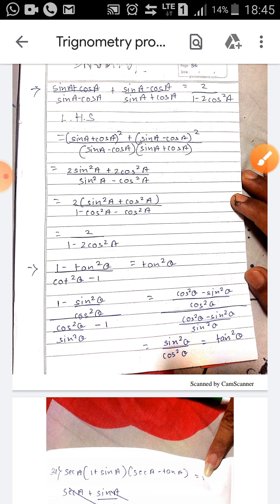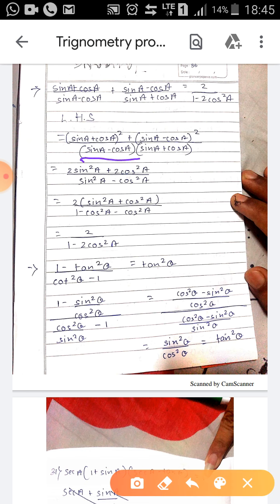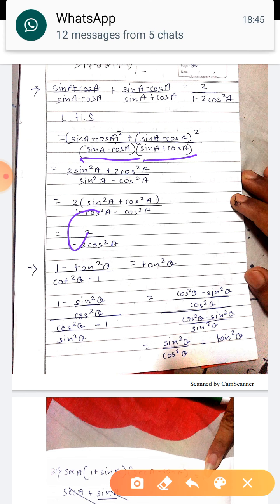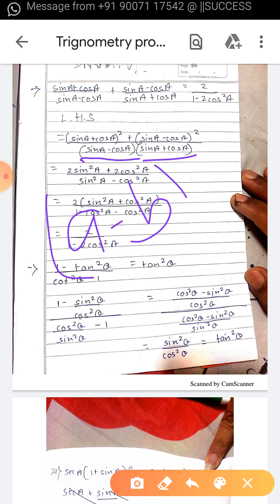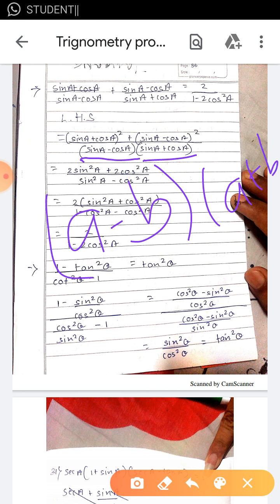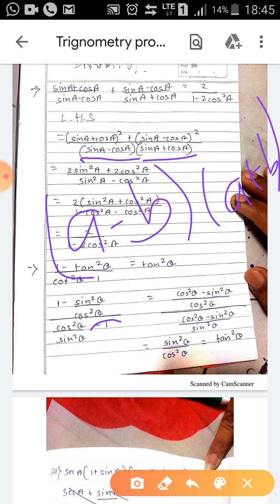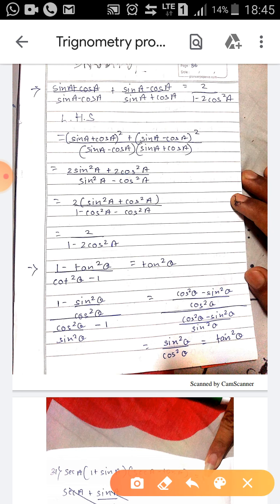In the denominator, this is a minus b into a plus b, which you can write as a square minus b square. So sine a minus cos a into sine a plus cos a is a square, which is sine square a, minus b square, which is cos square a.